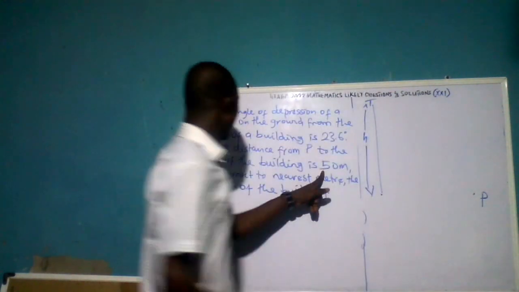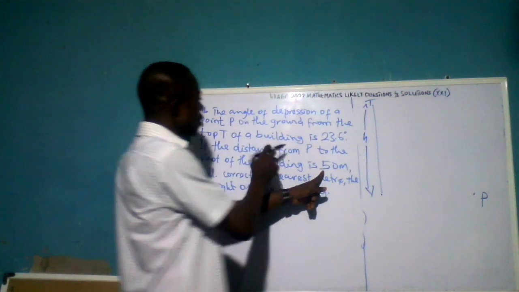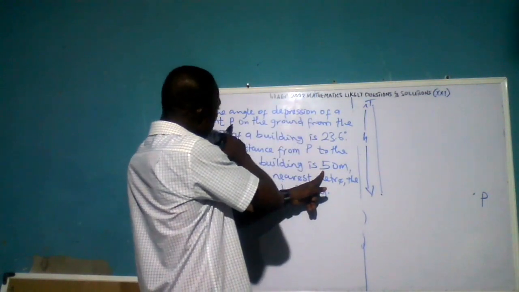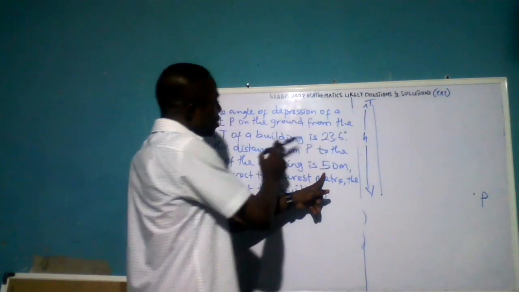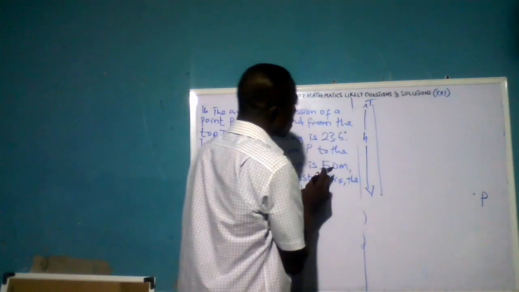Okay, and the angle of depression of the point P on the ground from the top T of the building is given to be 23.6 degrees.